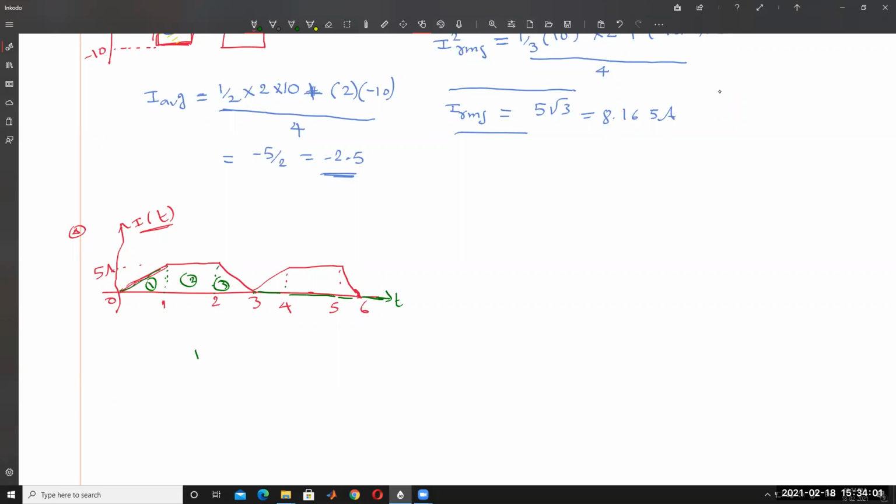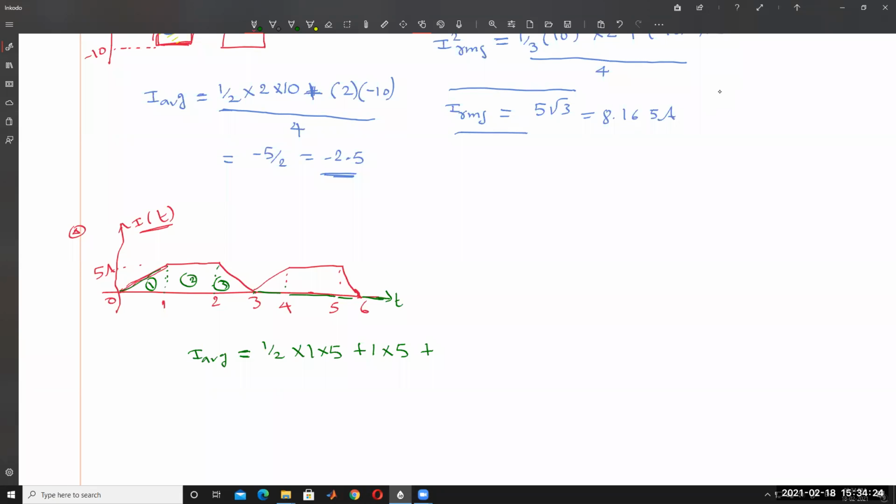Then I average is equal to, what is the I average here? First triangular waveform: half into length, 1, into height, 5. Second one, similarly 1 into 5.